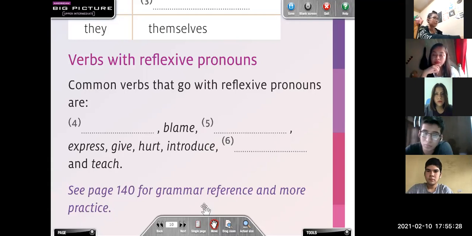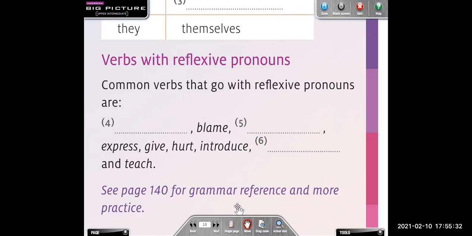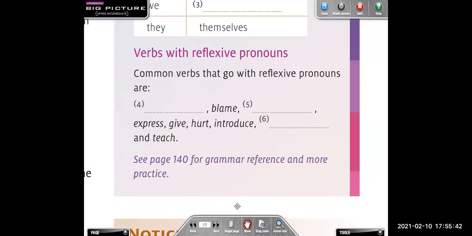I ask my mother. I don't say I ask to my mother. I ask my teacher. Okay, so we don't need to say ask to. Directamente decimos la persona a la que le decimos. Okay, no necesitamos decir to. Okay.